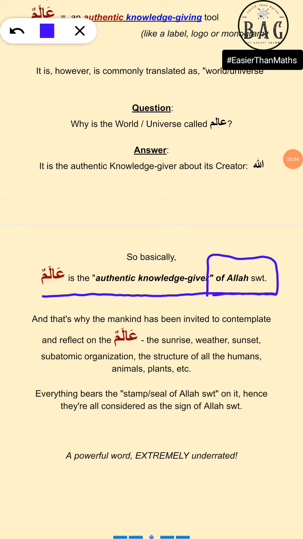And what is alam? It is the sunrise, different weathers, the sunset, rain, winds, snowfall. I mean, snowfall is so beautiful, isn't it? Then we've got the subatomic organization, which we've covered. Then we have the structure of all the humans. The subject of genetics is simply amazing.